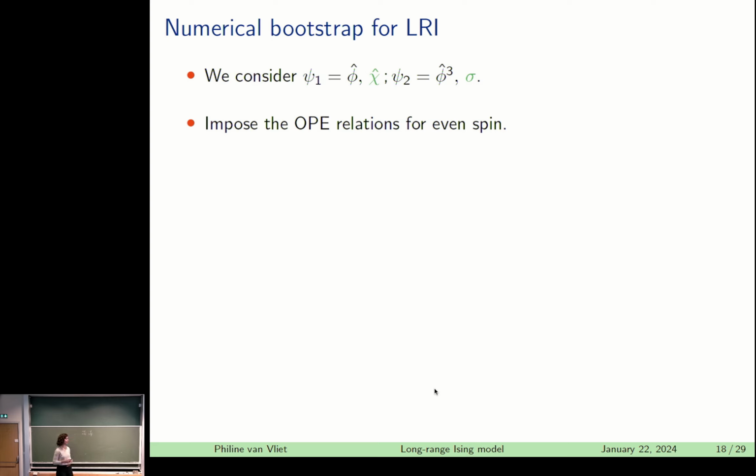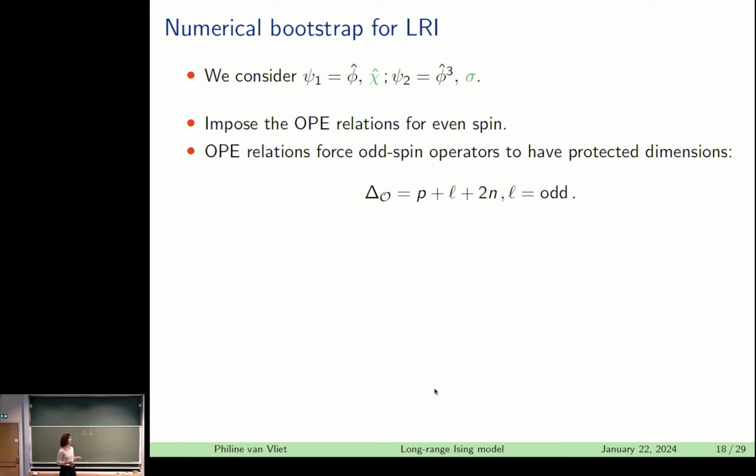We will do that for even spin operators, because it turns out that if you look at them for odd spin operators, then they will either give you that everything has to be 0 very trivially, or they force the odd spin operators to have protected conformal dimensions. So since we're not interested in the trivial case, we will then also input that the odd spin operators have to obey this for their conformal dimension.